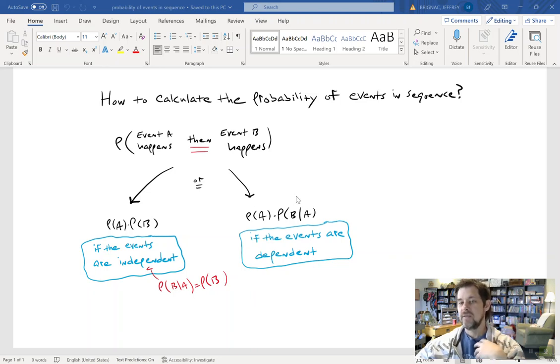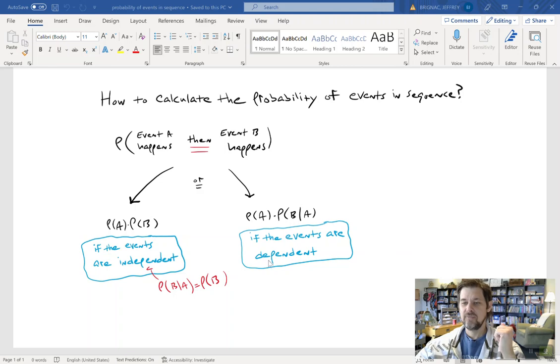Okay, so notice here, if I have dependent events, the probability event A happens and then event B happens is the probability that A happens times, now this is conditional probability, here's how you'd read this, the probability that B happens given that A already happened. Okay, so probability of event A times the probability that event B will happen given that A already happened.